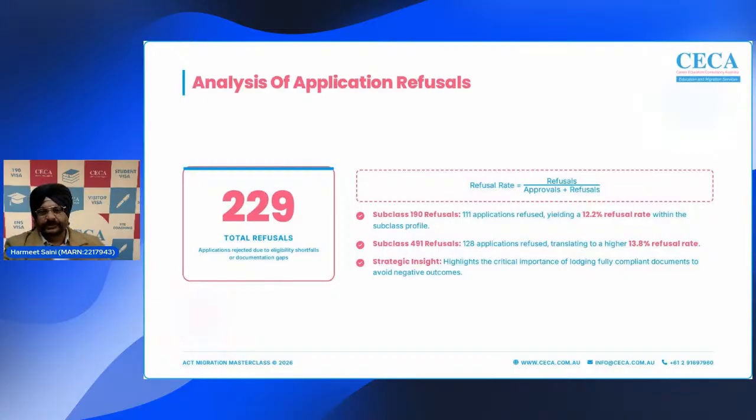The strategy from ACT highlights the crucial importance of lodging fully compliant documents to avoid negative outcomes. When you lodge your nomination, make sure you fully fulfill the conditions of Canberra Matrix and the eligibility criteria for the federal government for visa subclass 190 or 491, so that you get a favorable outcome for your nomination.